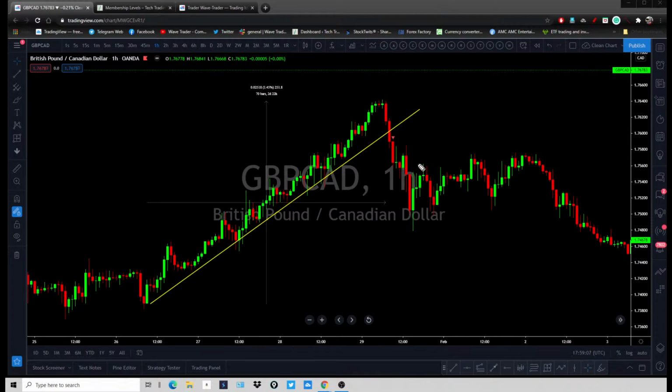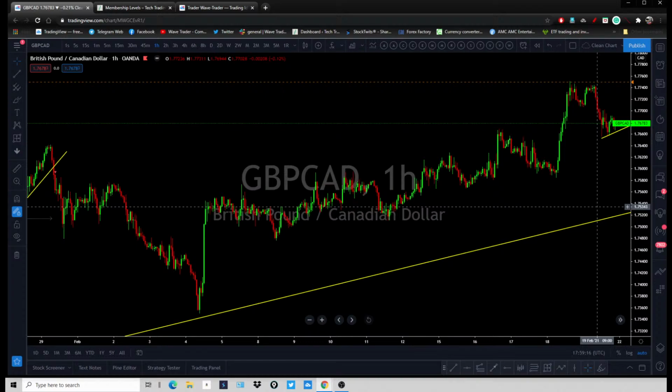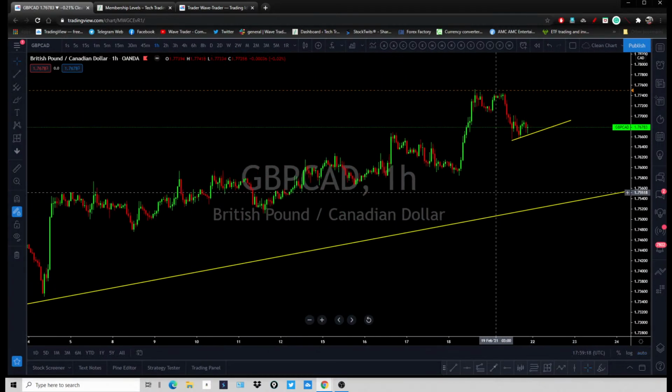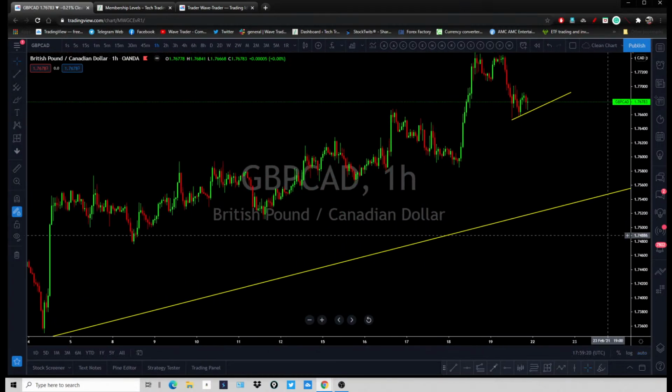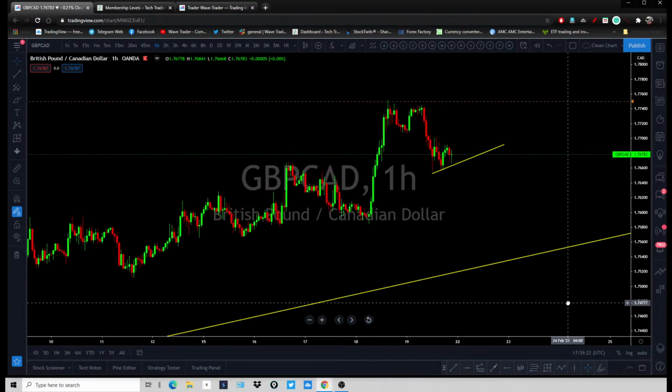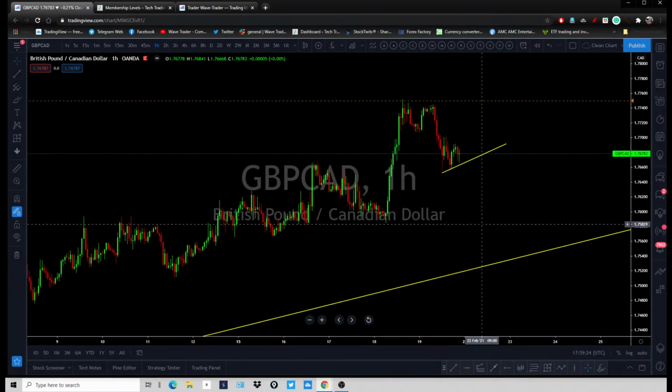After that we saw a correction, and there we were selling, and then price started to drop again. This price action, this behavior, will appear all the time, for sure, because there are two forces in the market, buyers and sellers.